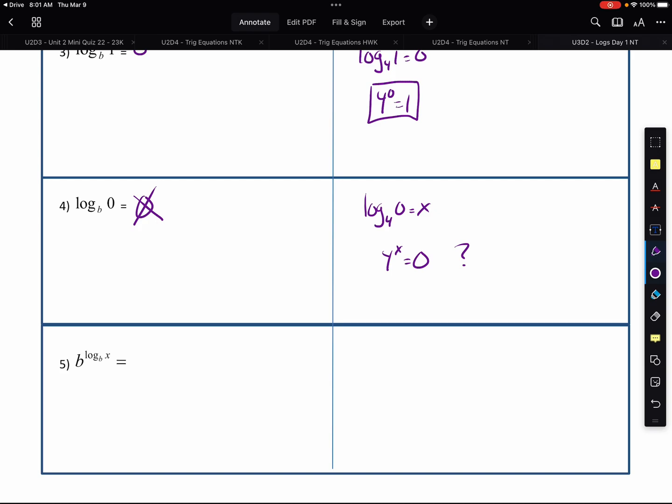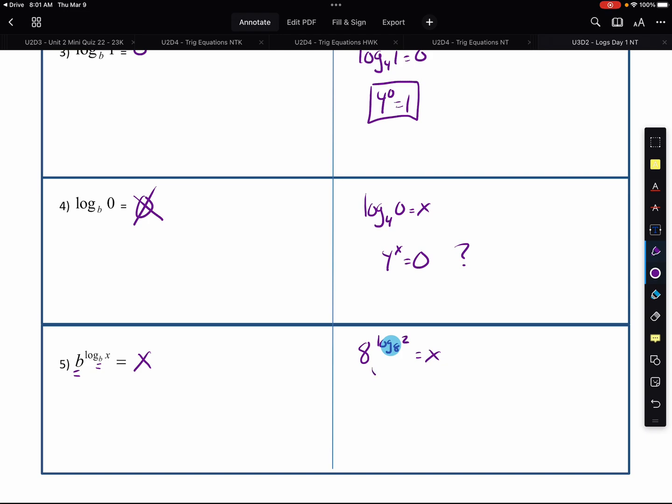And the last one, in this situation, is a little bit different. We have an exponent, and in this case, the exponent is a log. If these are the exact same number, it equals x. So if we have 8 to the log base 8 of 2 equals x, understand that this whole thing is the exponent.